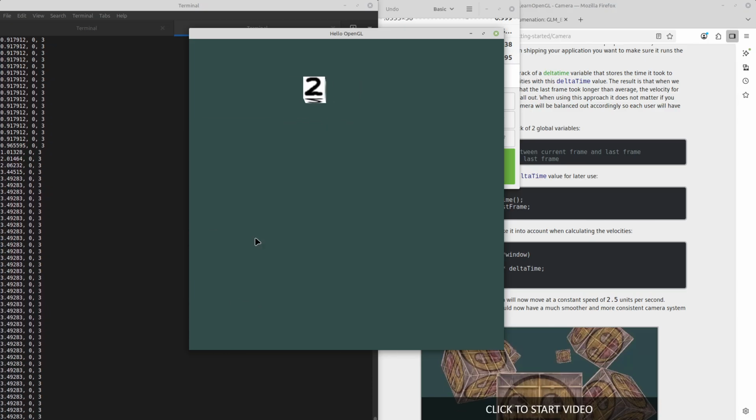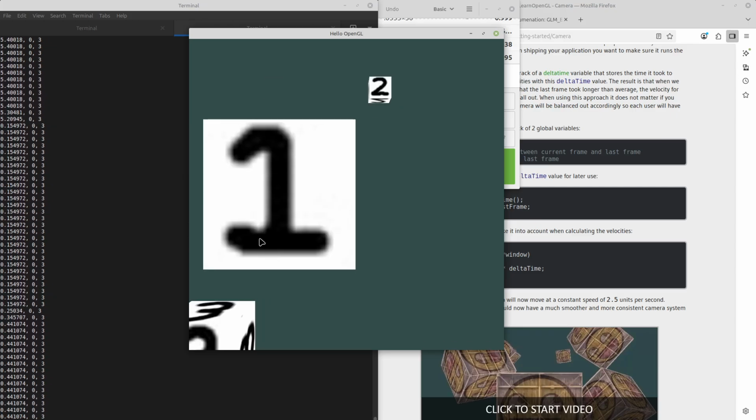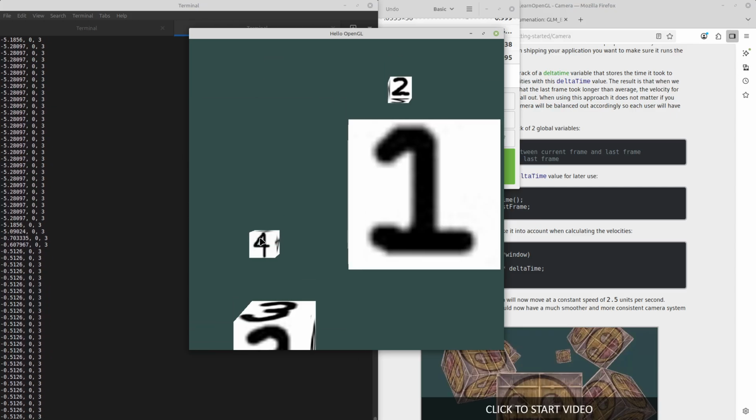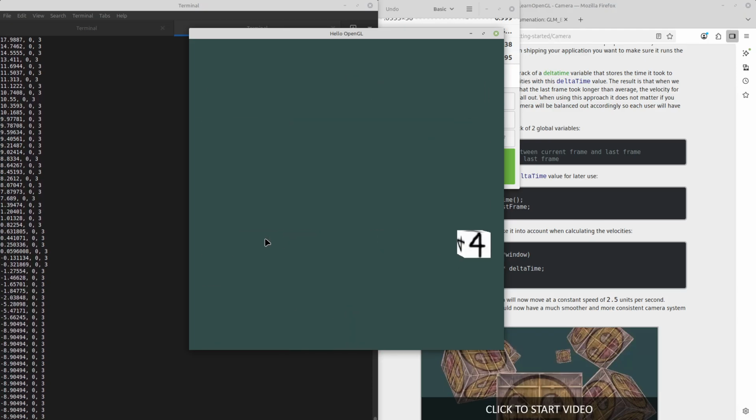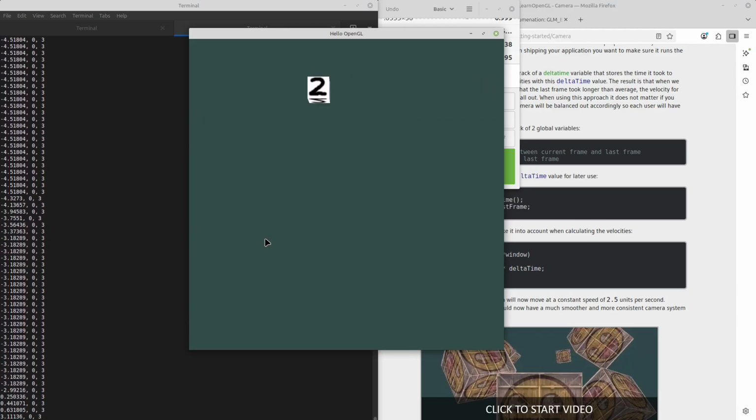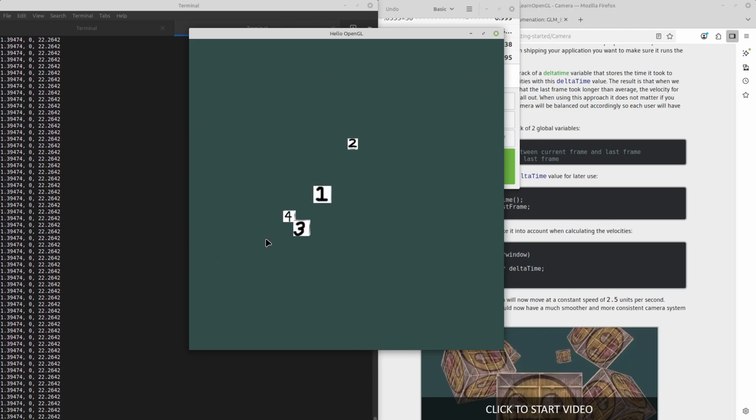Seems weird. Yet we're all of a sudden jumping. Yeah, I don't really understand what's happening. It's super jittery. Why are we just jumping back by 20?